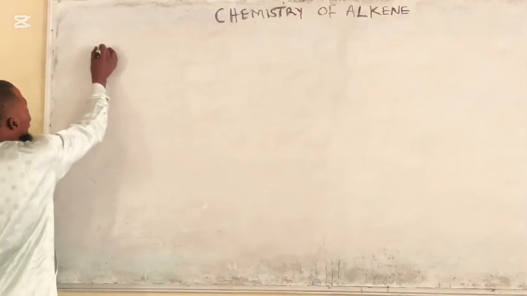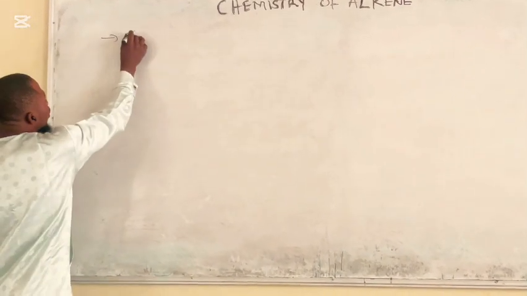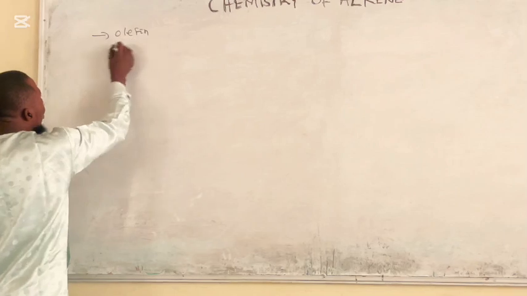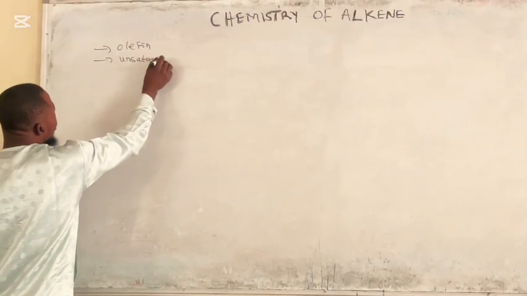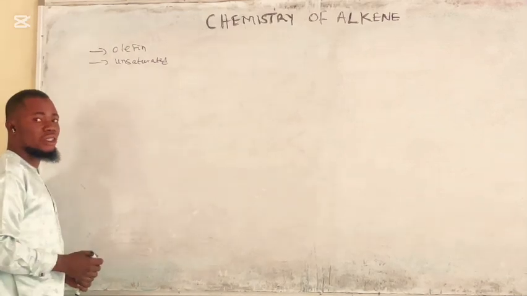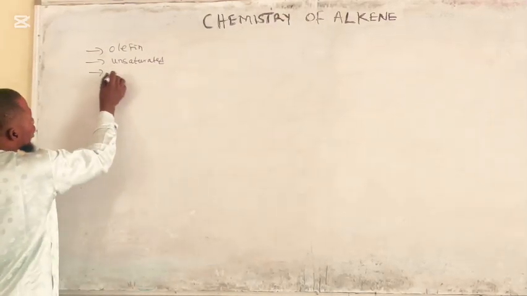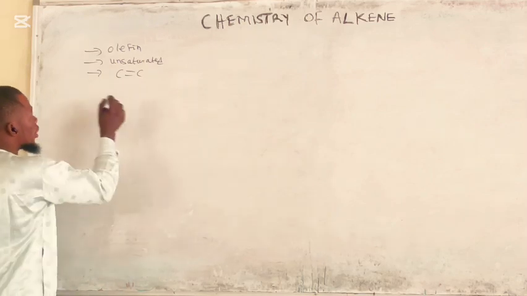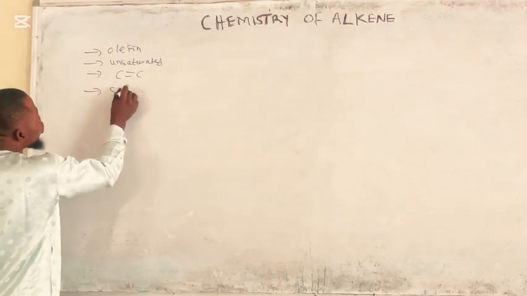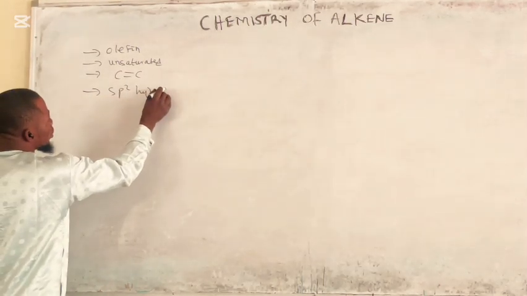Alkenes, also called olefins, are unsaturated organic compounds because they have a carbon-to-carbon double bond. Again, alkenes are sp2 hybridized.